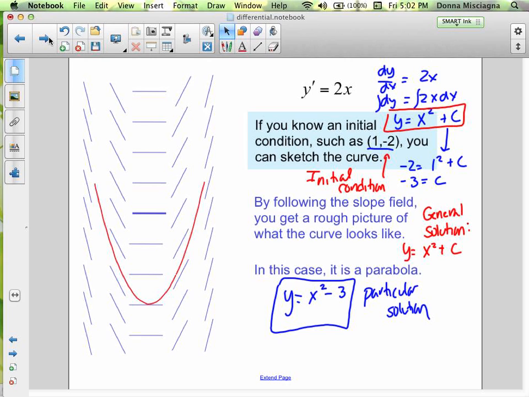So if I have negative 2 for y equals 1 squared plus c, c is negative 3. So my general solution is y equals x squared plus c. The particular solution is y equals x squared minus 3, because we solved for c. So when we have an x and a y, we have to plug those in and solve for c.